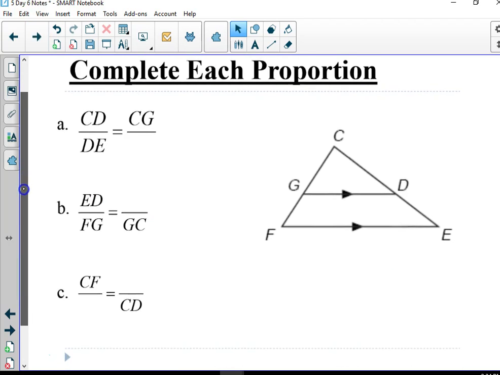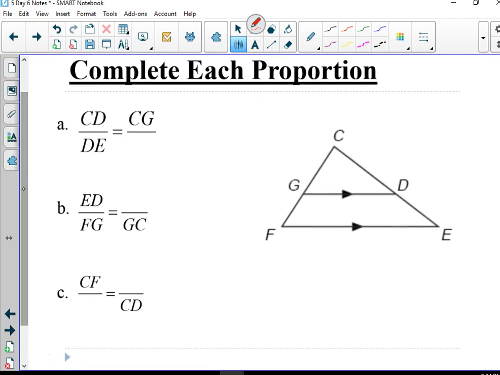So let's look at this a little bit more in depth. CD, which is right here, I kind of alluded to this already, is proportional to DE. The same way CG is proportional to, right there, GF. ED, the lower portion, is proportional to FG.